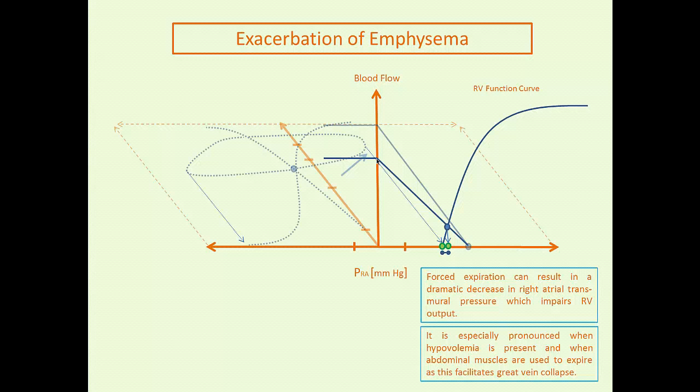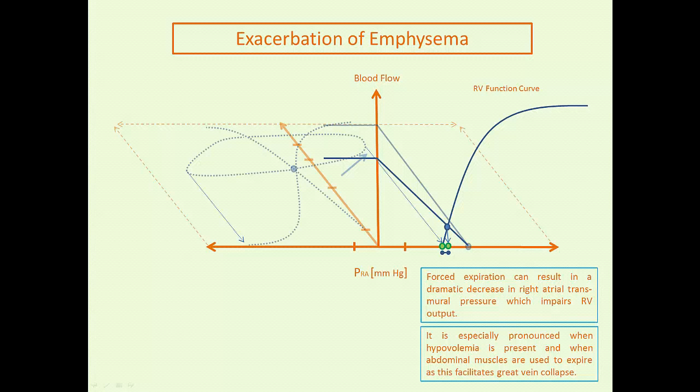And that can occur if the patient predominantly uses abdominal muscles to grunt and bear down and force out that expired breath. It will be particularly pronounced if the patient is more on the hypovolemic side and you compress those intra-abdominal capacitance vessels.